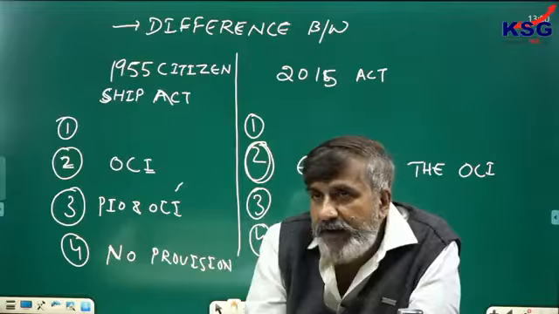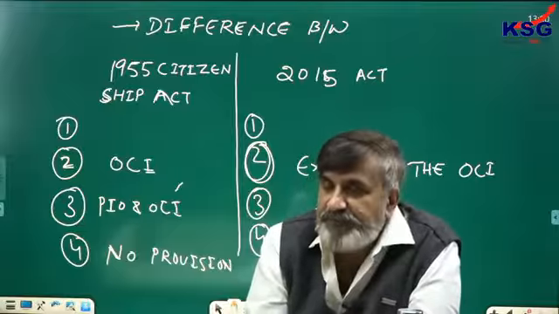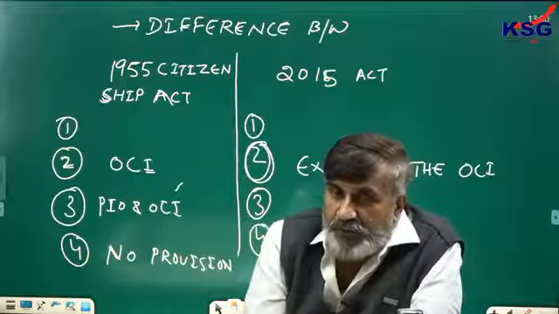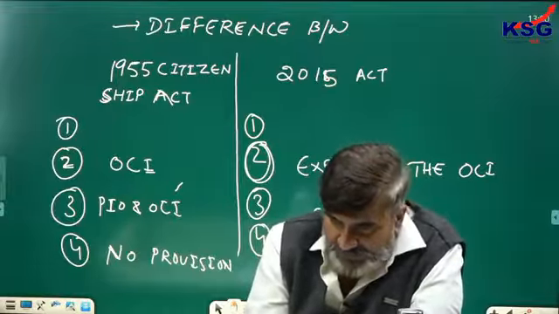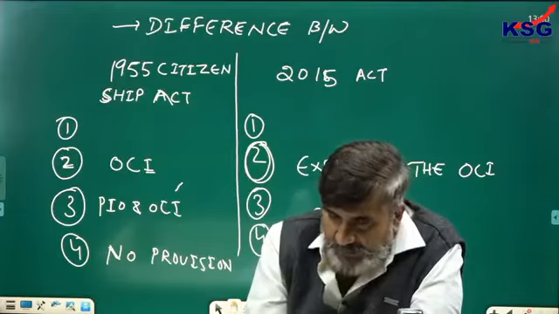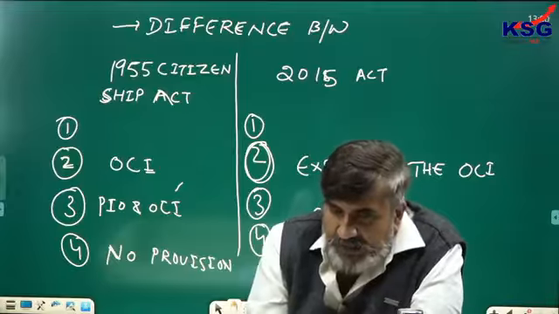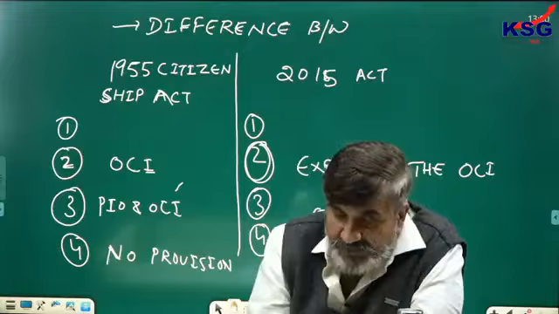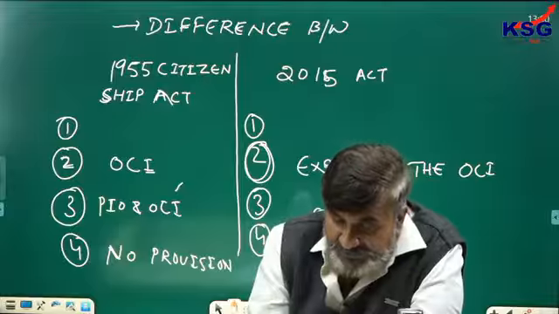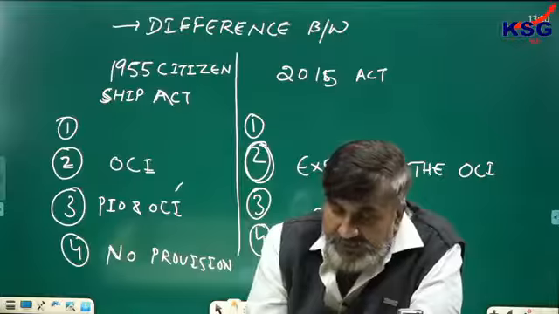See, India is not a signatory to the Refugee Convention, the UN Refugee Convention. So, India is under no obligation to accommodate people. Whosoever comes illegally into India is not given refugee status, but is called an illegal migrant. Illegal migrant, right? So that is one.